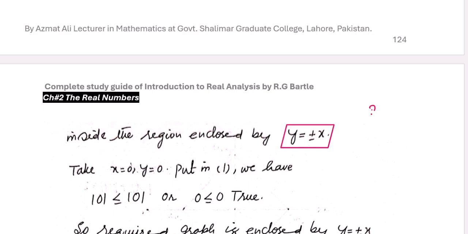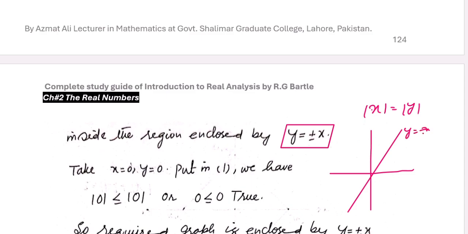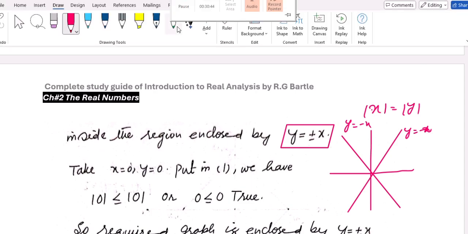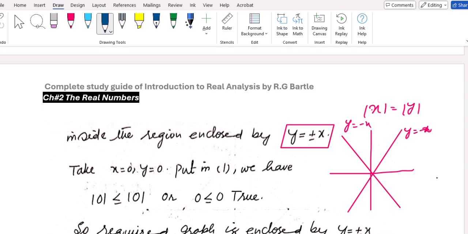The graph of absolute x equal to absolute y is given by the two straight lines y is equal to plus minus x. This is my first line, y is equal to x, and this is my second line, y is equal to minus x. Now these two lines divide the plane into four parts.